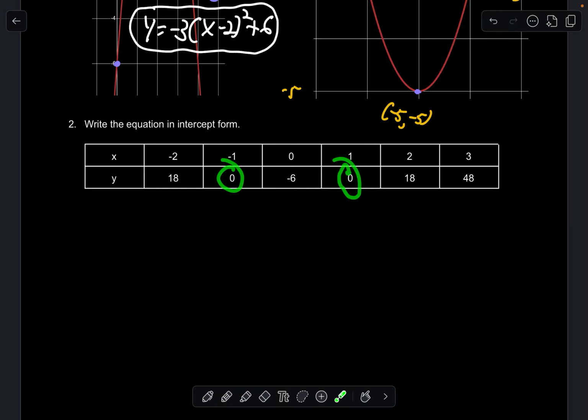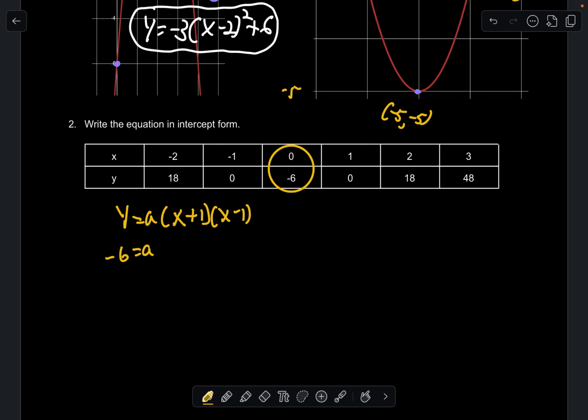So we can write in intercept form y equals a, x plus 1, that's one 0, times x minus 1, that's the other 0. Now we choose a point. We'll choose 0, -6, because that, to me, when x is 0, it makes it easy. So I'm going to choose -6 equals a, 0 plus 1, 0 minus 1.